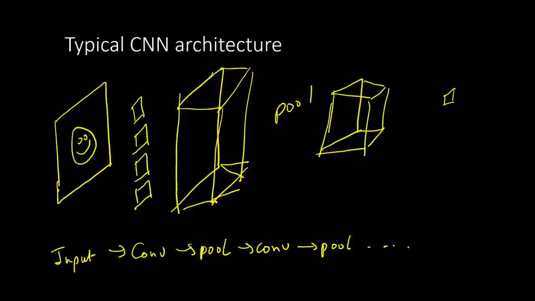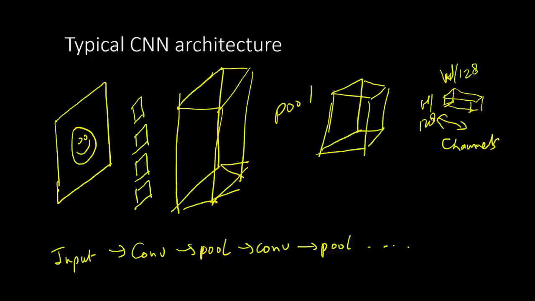Number of channels will increase, but the height and width is going to be very small, let's say h by 128, some power of 2. So it has become quite small. Once it has become quite small, there is no point in doing convolution, because you cannot move left and right on a very small feature map.